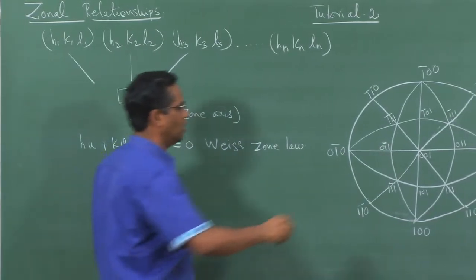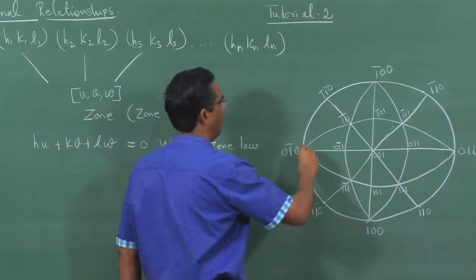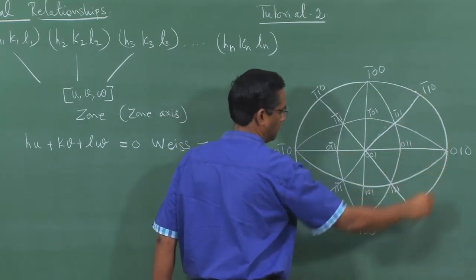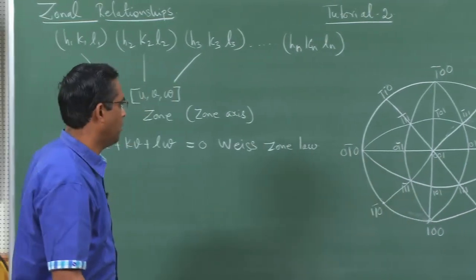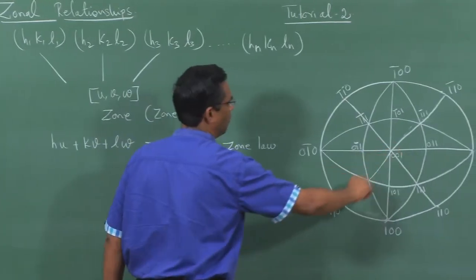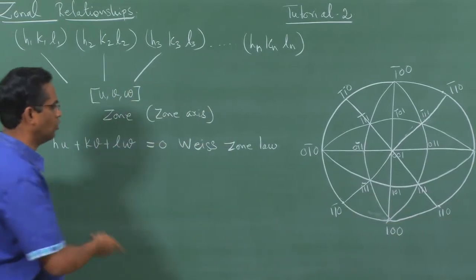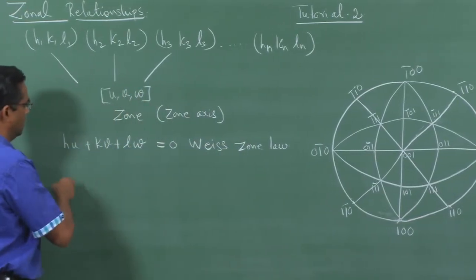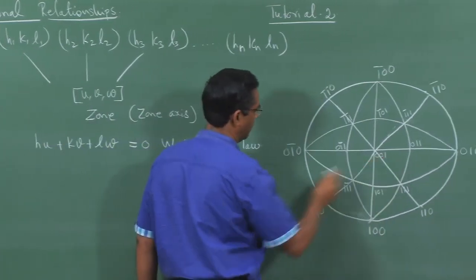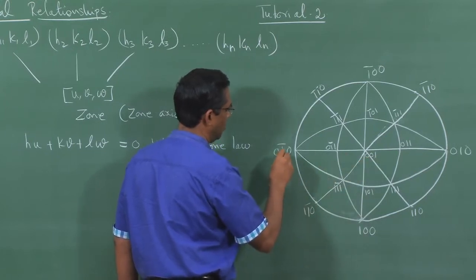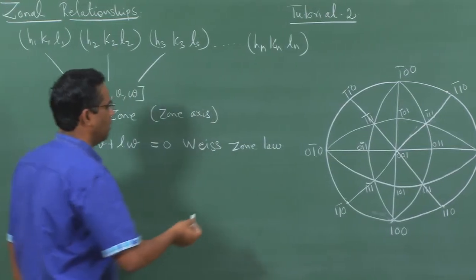Similarly, you have this 001 zone axis, and all the poles falling on this projection will form its poles. So, this is the 001 zone axis, and these are all its poles. If you choose to check whether they obey this Weiss zone law, you take any one of them, the dot product of 0 bar 1 0 with 001 will be 0.